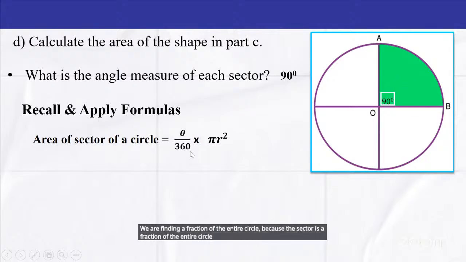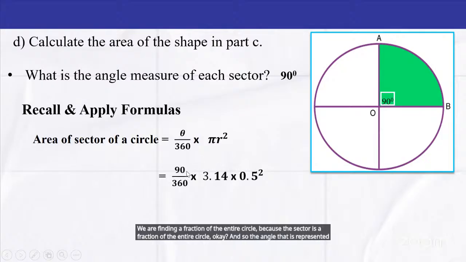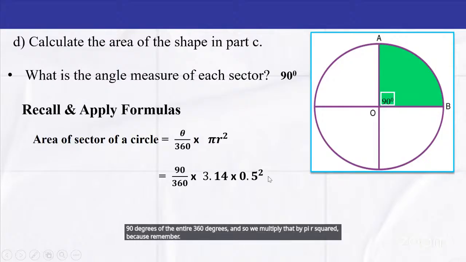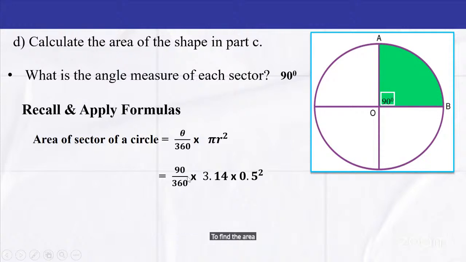Okay? And so the angle that is represented is 90 degrees. So 90 out of 360. So this is just one part of the circle, one portion, 90 degrees of the entire 360 degrees. And so we multiply that by pi r squared because, remember, to find the area inside the circle, it is pi r squared.